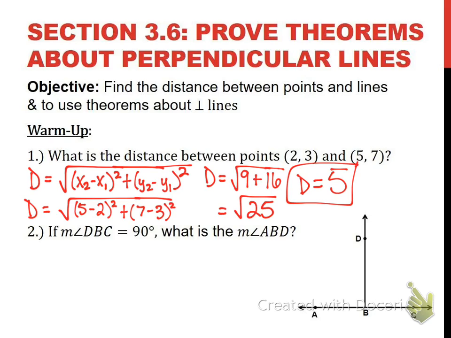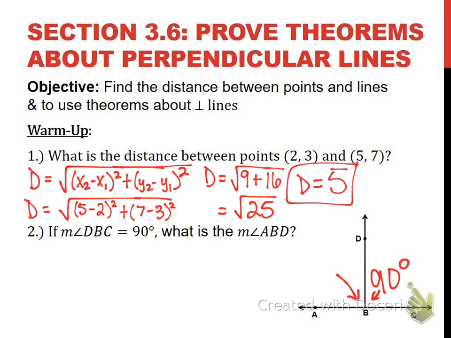All right, down at the bottom, I know the screen kind of covers it up with that logo, but the measure of angle DBC is 90 degrees, so that's the one on this side here in that corner. DBC is 90 degrees. What's the measure of angle ABD? So that's the one in this corner.